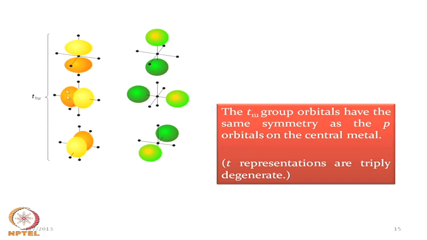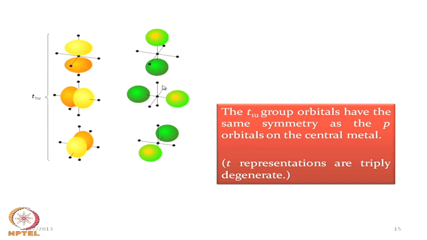So, when we have these orbitals on the metal side, the ligands are also providing the corresponding ends along the x axis, the y axis and the z axis, which also match our T1u set of orbitals.